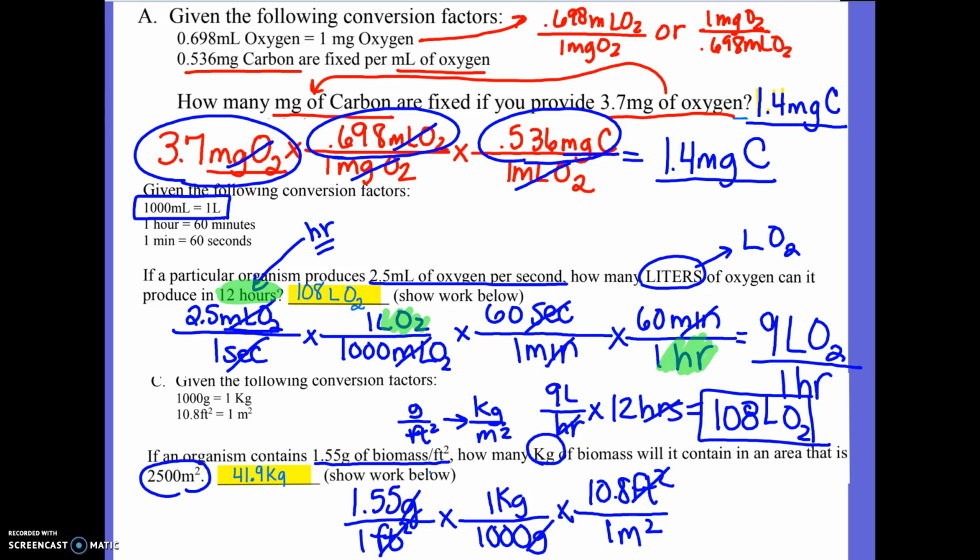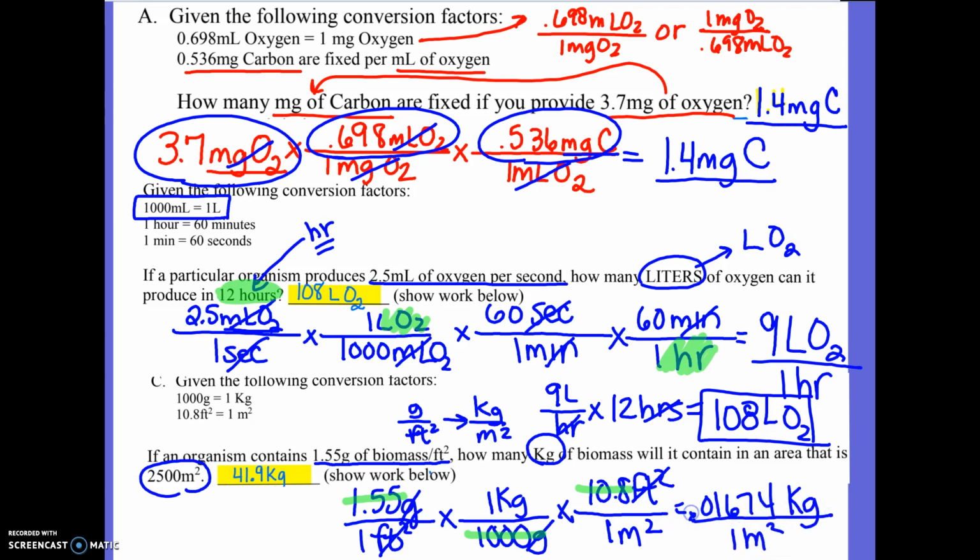And now, if I multiply across 1.55 divided by 1,000 times 10.8, I get 0.01674. Remember, my units at this point are kilograms per square meter.